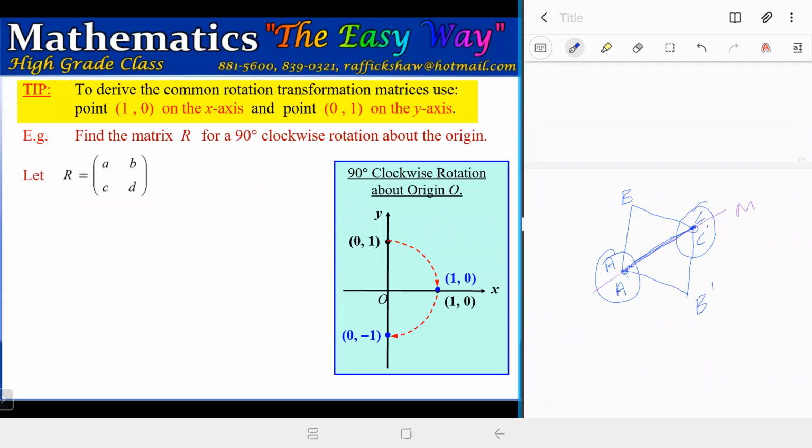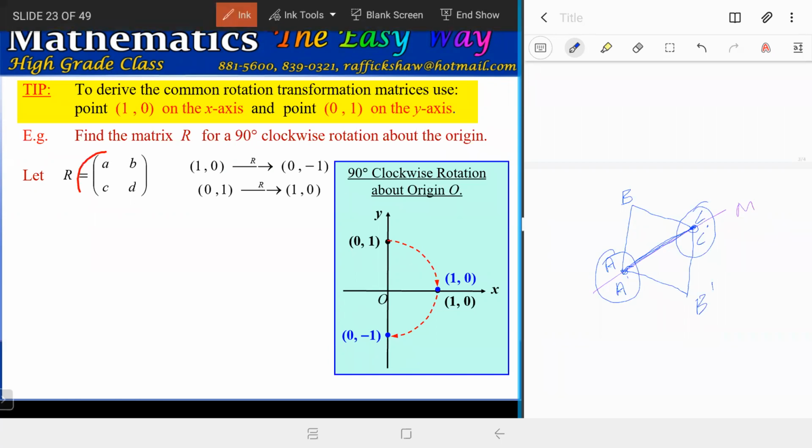Here it is. We're calling the matrix A, B, C, D. You know that (1, 0) is mapped onto (0, -1) when we rotate clockwise 90 degrees. And we know that (0, 1) is mapped onto (1, 0) when we rotate 90 degrees. So what it means is that the matrix multiplied by this point is equal to this point.